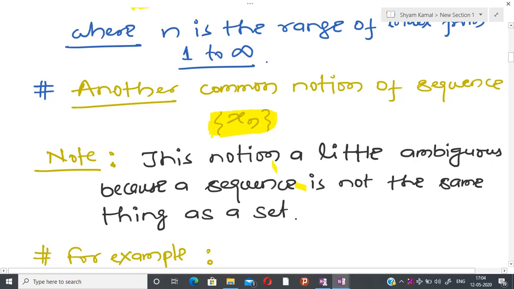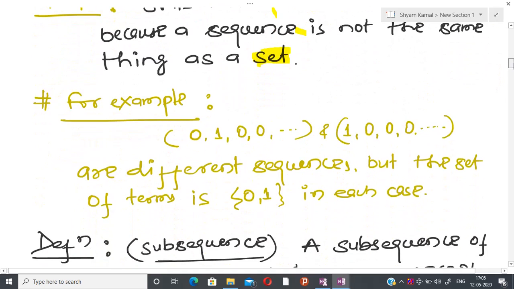If you see the literature, people define xn either by this bracket or by this kind of bracket. But if you see the notation of a set, people also use this kind of symbol, and there exists a certain difference between these two notations.